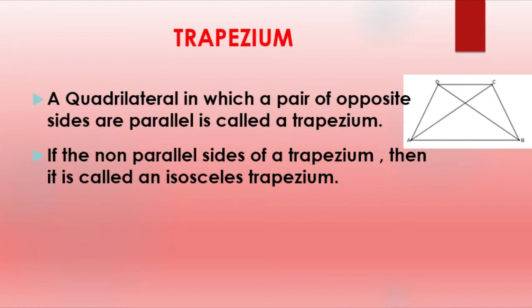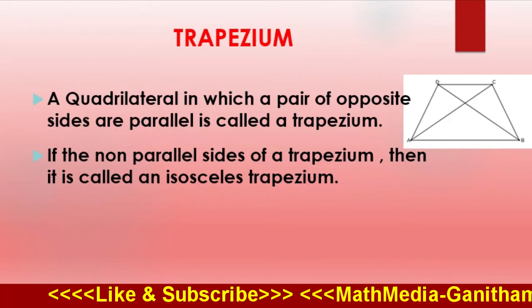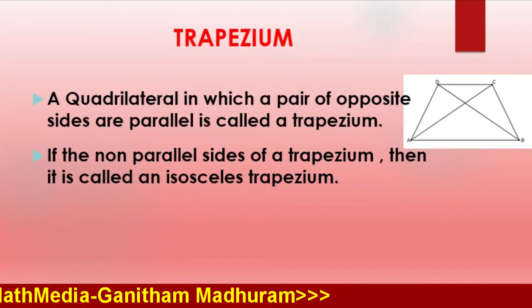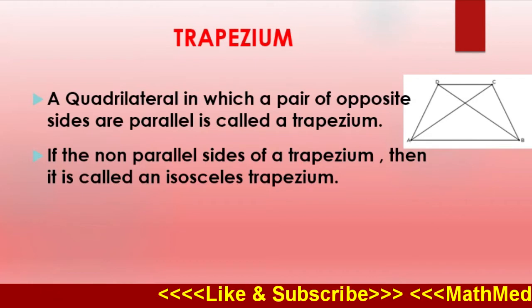Look at the figure. The figure is an isosceles trapezium in which the parallel sides are AB and CD, and the non-parallel side AD is equal to the other non-parallel side BC. So ABCD is an isosceles trapezium.